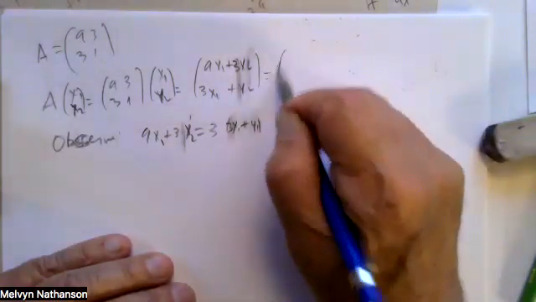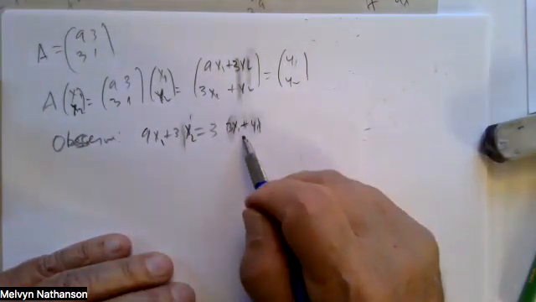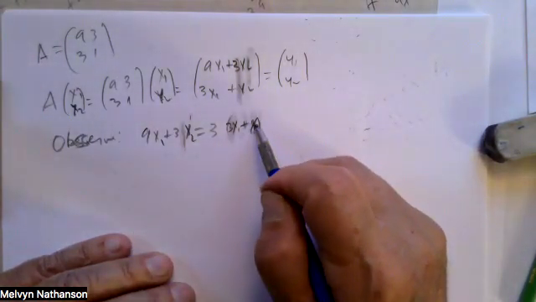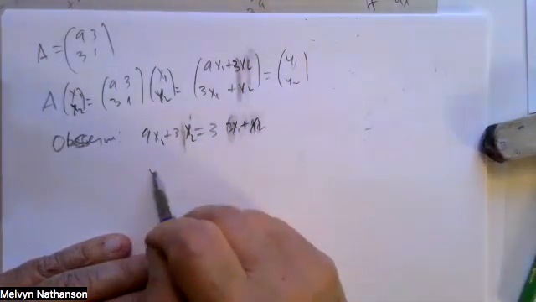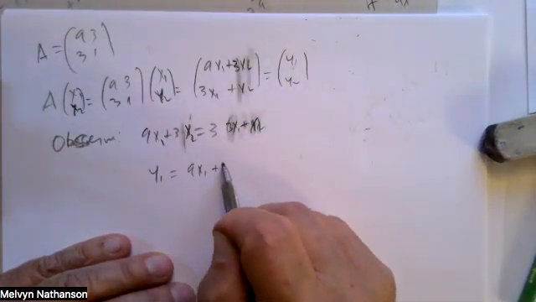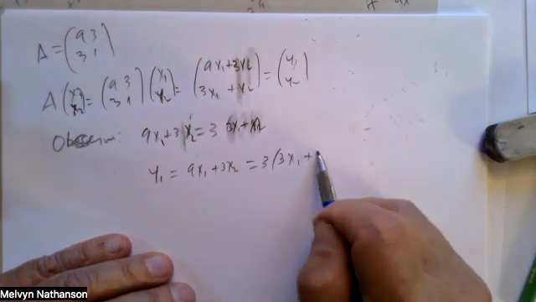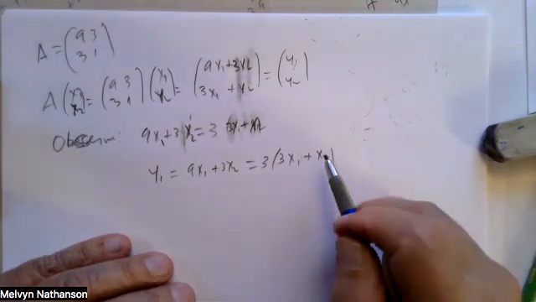So this is my vector y1, y2, and I see that y1 is 9x1 plus 3x2, which is 3 times 3x1 plus x2, just by multiplying.